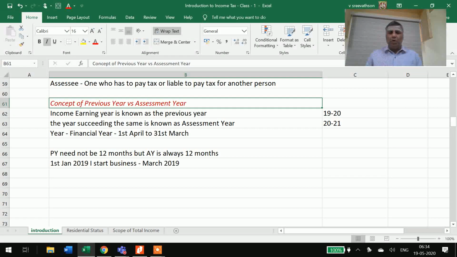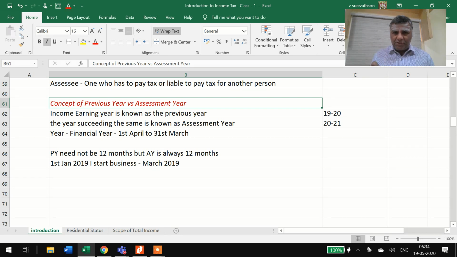So the previous year and the year that succeeds is known as the assessment year. What is assessment? An officer of the income tax department verifies whether you have declared your income properly and paid your tax properly.